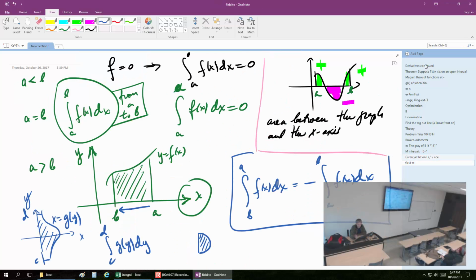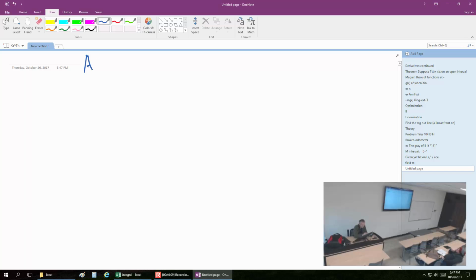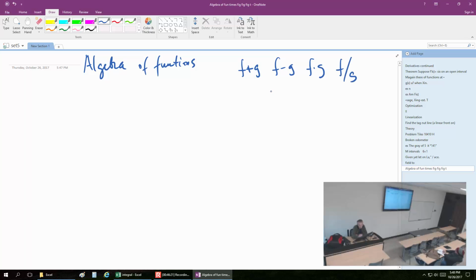So the algebra of functions, remember, we used it a lot. So f plus g, f minus g, f times g, f divided by g, and then decomposition too. Okay, so that's the algebra of functions that I have in mind.